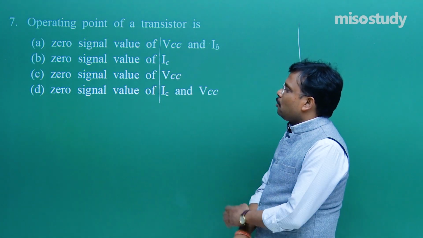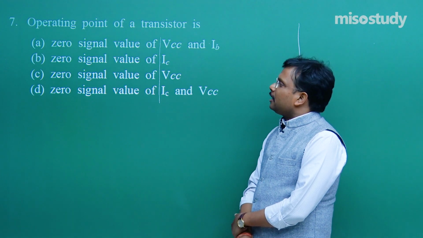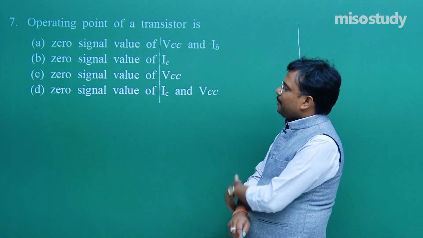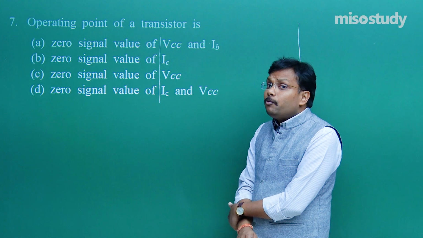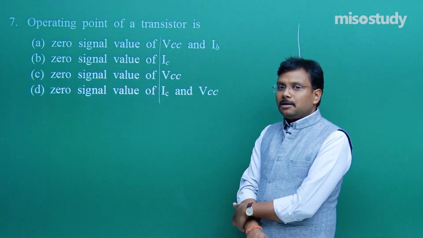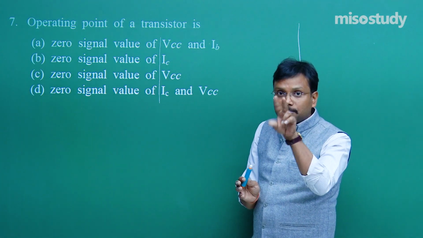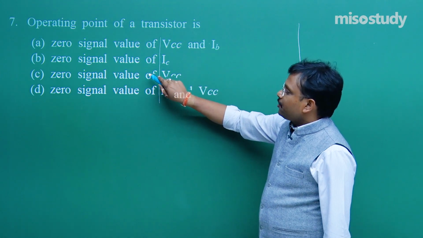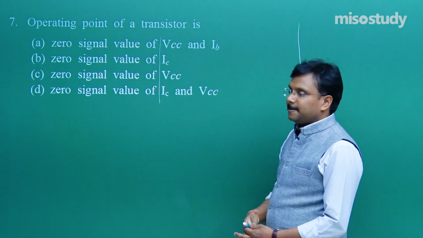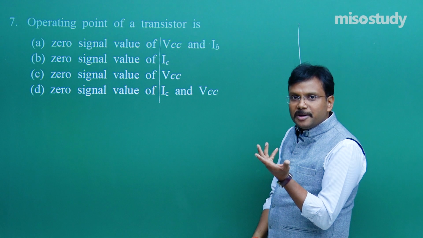Zero signal value of IC, collector current: the value of collector current is obviously in the required zone, but the problem is nothing is mentioned about voltage. For the discussion of a transistor, you need clarity of not only voltage, not only current, but both. Now come to option C. As per the basis of option B, you can again discard this option. Where is the current? Nothing is mentioned.